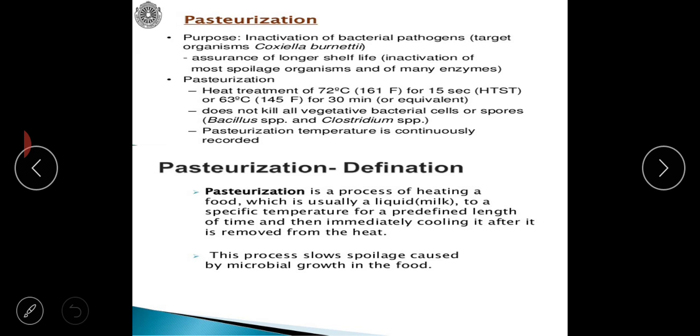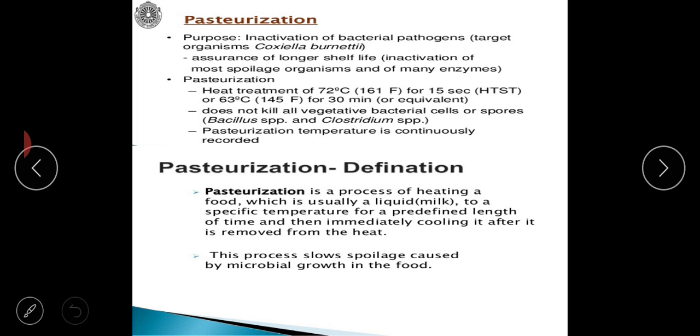Pasteurization includes heat treatment at 72 degrees Celsius or 161 Fahrenheit for 15 seconds, which is called HTST, or 63 degrees Celsius, that is 145 Fahrenheit, for 30 minutes or equivalent. It does not kill all vegetative bacterial cells or spores like Bacillus and Clostridium species, and the pasteurization temperature is continuously recorded.